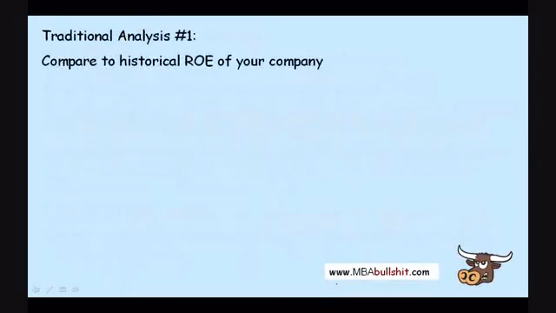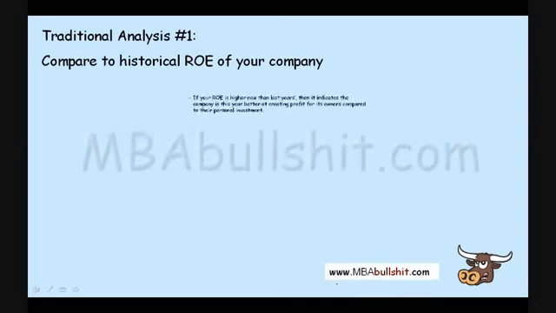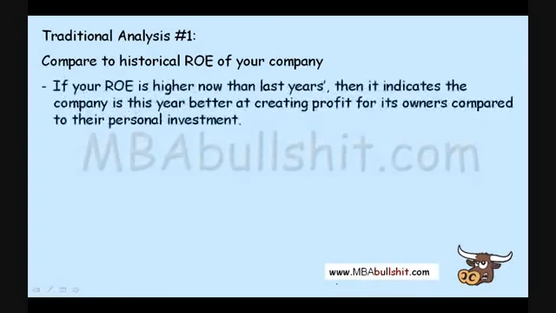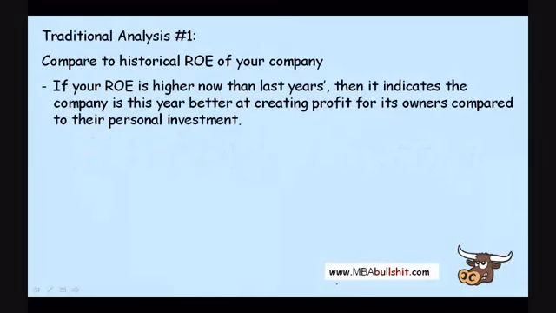Now let's analyze the ROE from a traditional standpoint. First of all, you would compare the ROE of a company to historical ROE. If the ROE is higher now than in previous years, then it indicates that the company this year is better at creating profits for its owners compared to their personal investment.